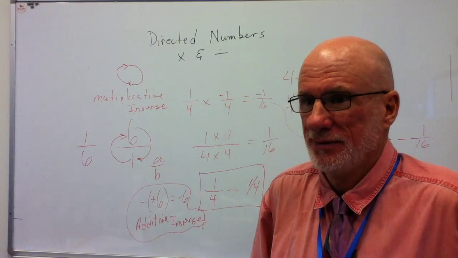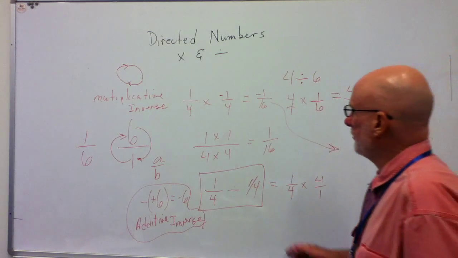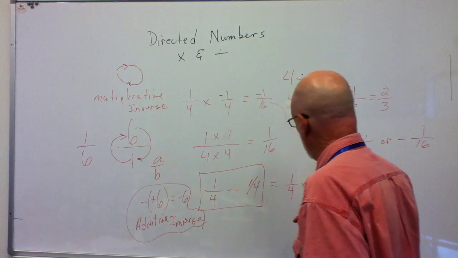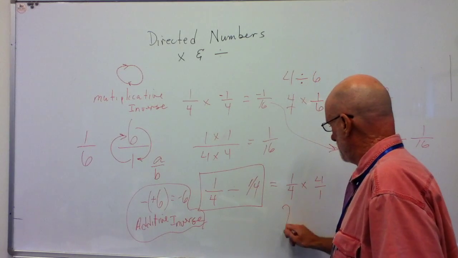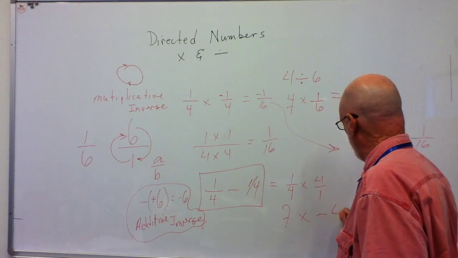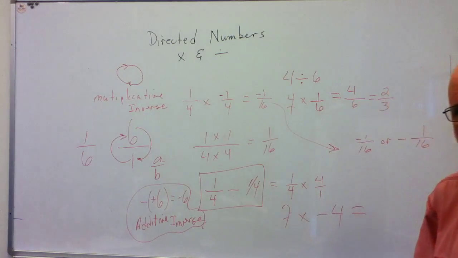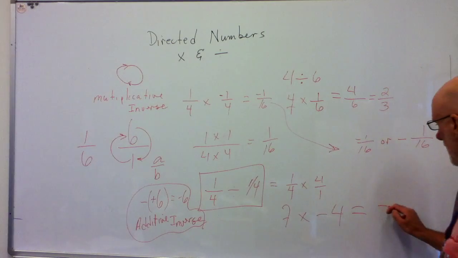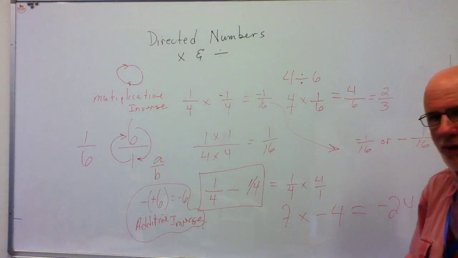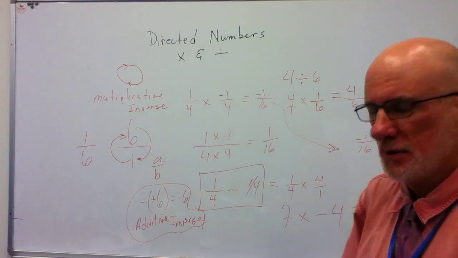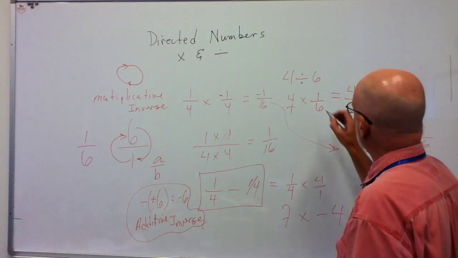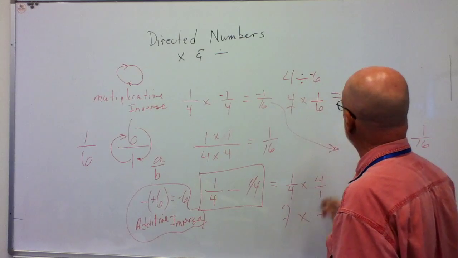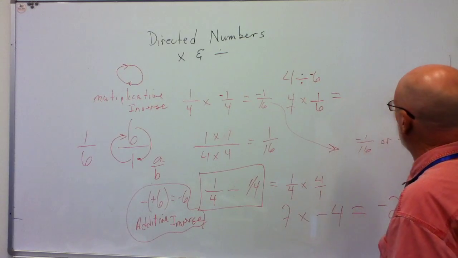Not really. Yes? If I'm going to say that 7 times -4, what's that answer going to be? -24. Correct? Yes? If I'm going to say this is -6, what's that going to mean?